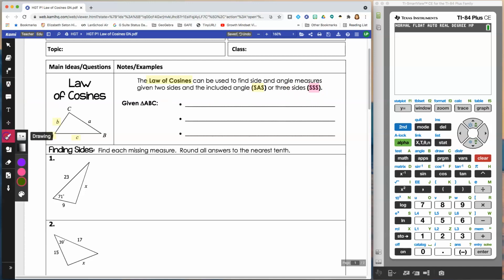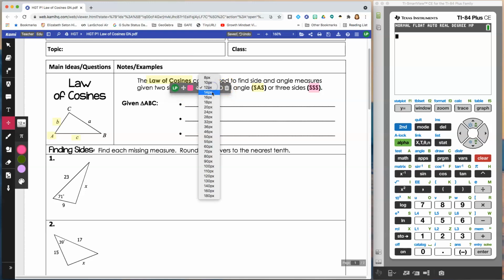Okay, so what does the law of cosines look like? The law of cosines is really a pretty simple formula, and it simply states this. Let me make it a little bit bigger here.